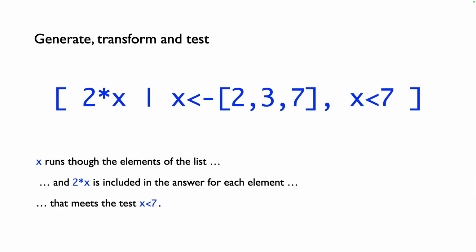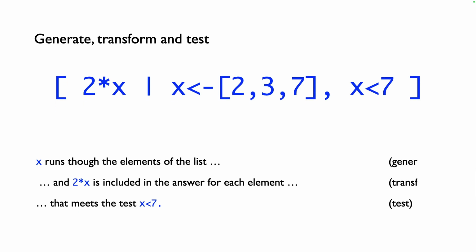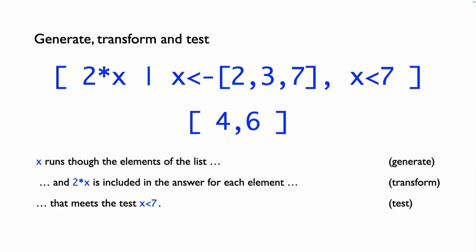What we'd expect to get from this is the list 4 and 6, because taking x to be 2 gives us 4, x to be 3 gives us 6, but x being 7 is ruled out by that test. So we have a general model of generate, transform, and test. Let's look at some more examples of that.